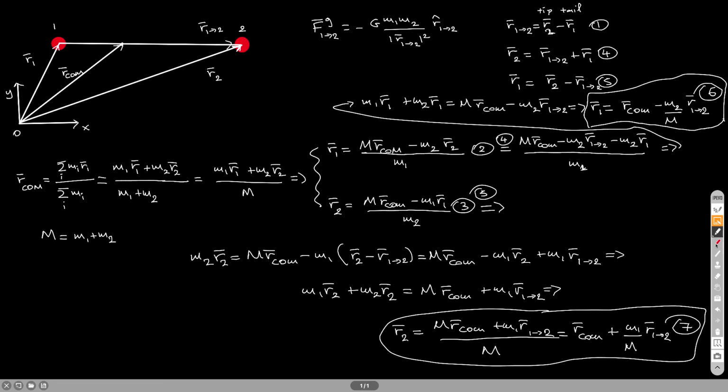So let me show you something. With red, okay, and let me make a note. This is r12. This is equal to the center of mass.